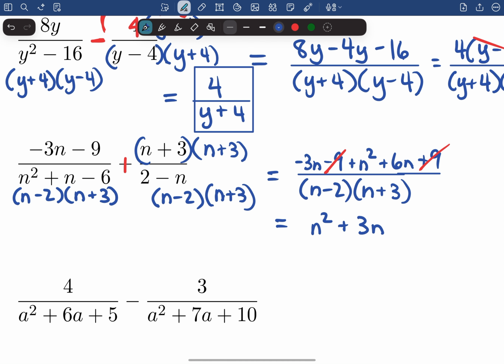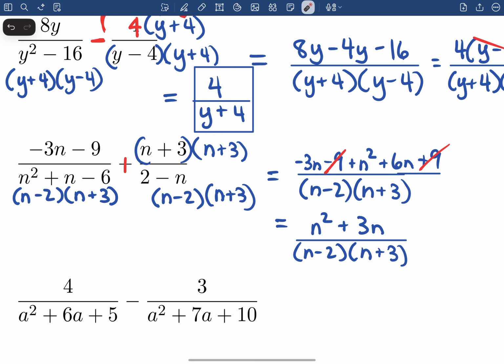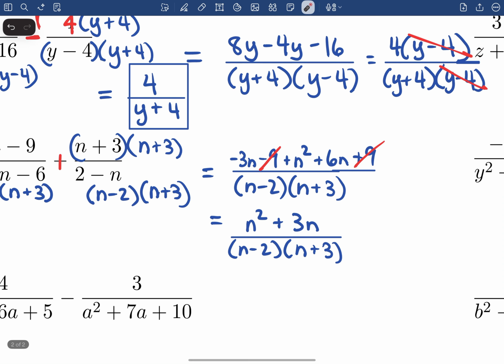And so I have that numerator now, and I've still got my n minus 2 times n plus 3 factored denominator. And I look at the numerator and I ask myself, can I factor that? Is it factorable? And the answer is yes, it has a GCF. Okay?